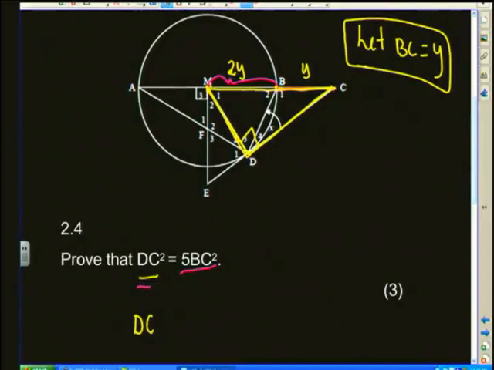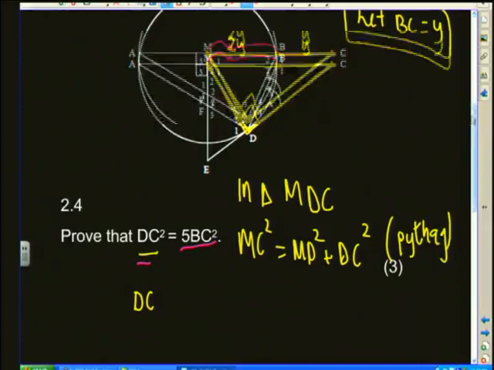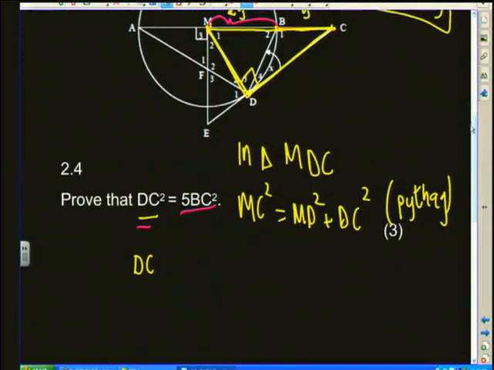Okay, so I'm going to say, in triangle MDC, MC squared is equal to MD squared plus DC squared, and your reason for that is Pythagoras.